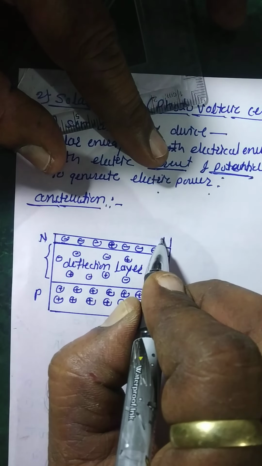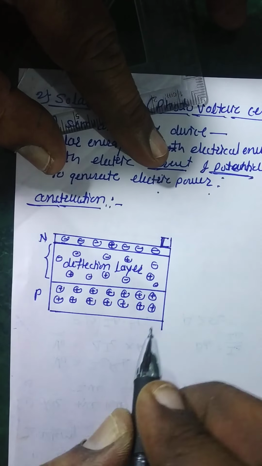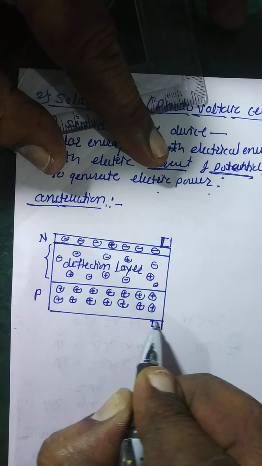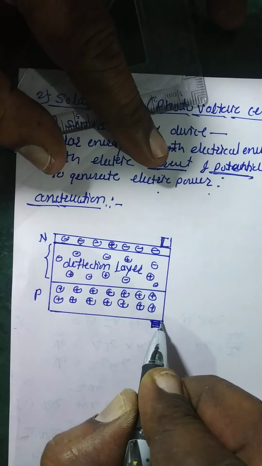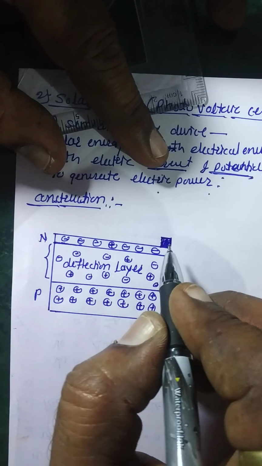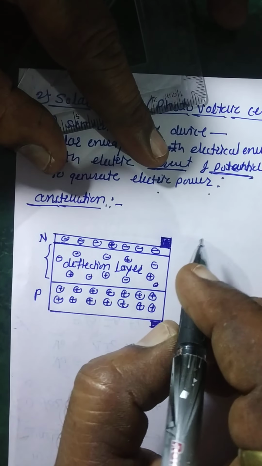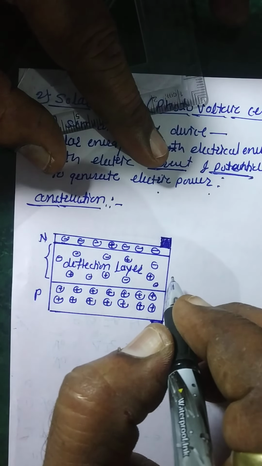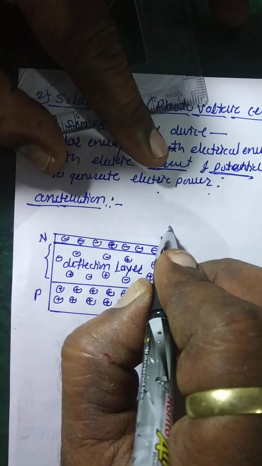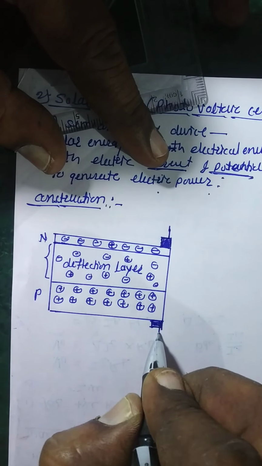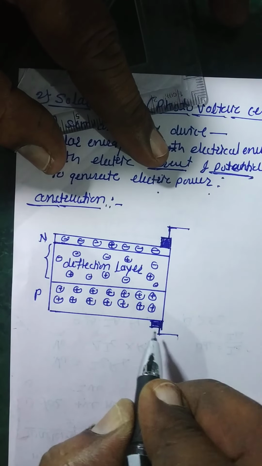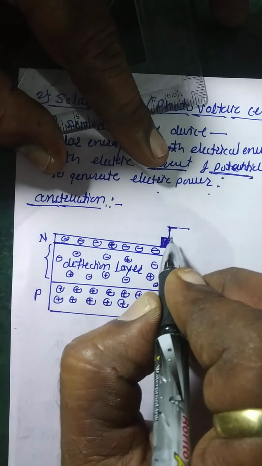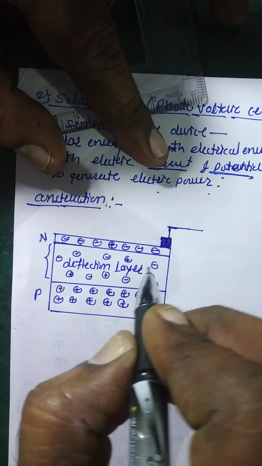Two metallic conductors are connected like this. Metallic contacts are connected to both layers for external connections.